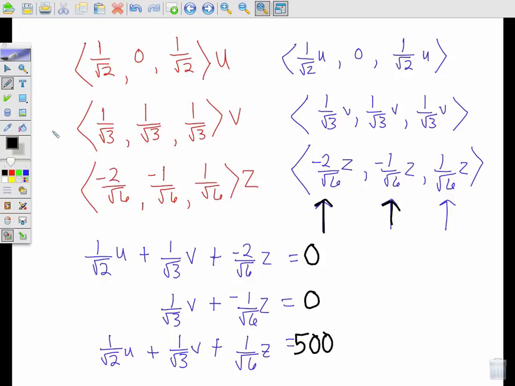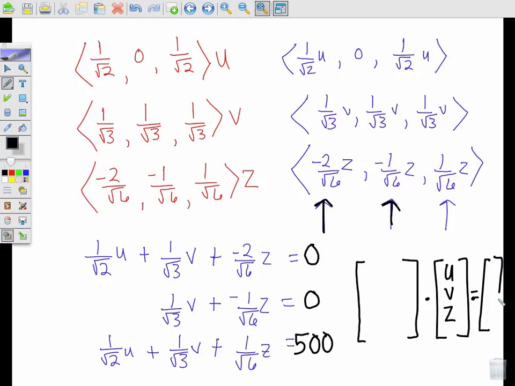So we're going to solve this system. Now I recommend solving this system using matrices. So this is my matrix multiplied by my variables u, v, and z. This will equal my answers here. My answer matrix is 0, 0, and 500. So in matrix form, we've got 1 over the root 2, 1 over the root 3, negative 2 over root 6.